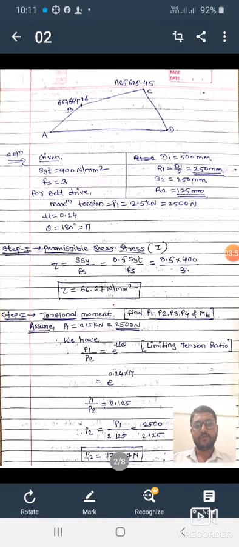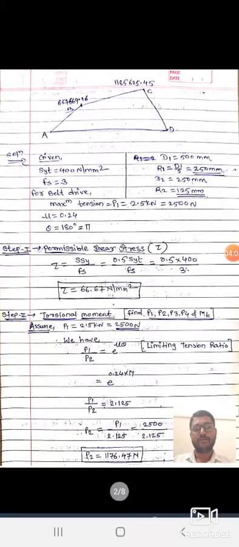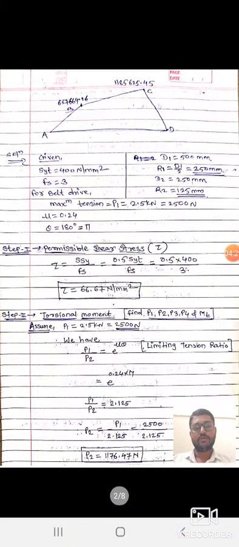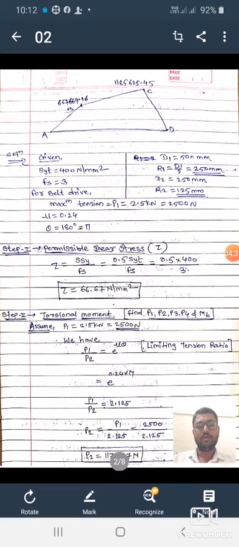Then the second step: how to find the values of the tensions, that is P1, P2, P3, P4, and also the torsional moment, that is MT. So let us assume that P1 is equal to 2.5 kilonewton or 2500 Newton. Then we know that the limiting tension ratio for the belt is P1 upon P2 equal to e raised to mu theta. That is, P1 upon P2 equal to e raised to mu, here 0.24, and theta is pi.